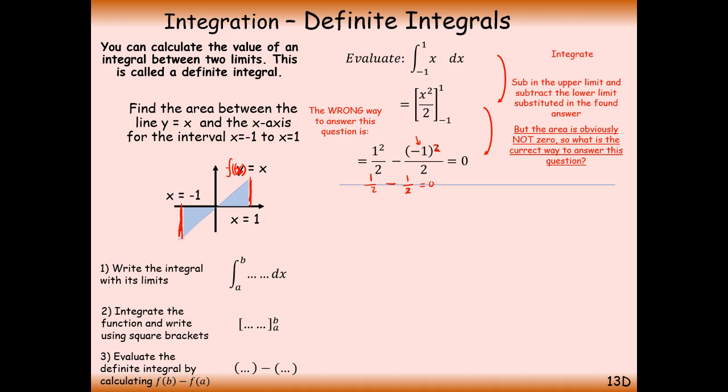Every time you have some limit, if you don't know the shape of the graph, you must consider the shape of the graph, because you're finding the area between the curve and the x-axis. So this area here is below the x-axis, and as I hinted in the previous videos, this area will come out as a negative.